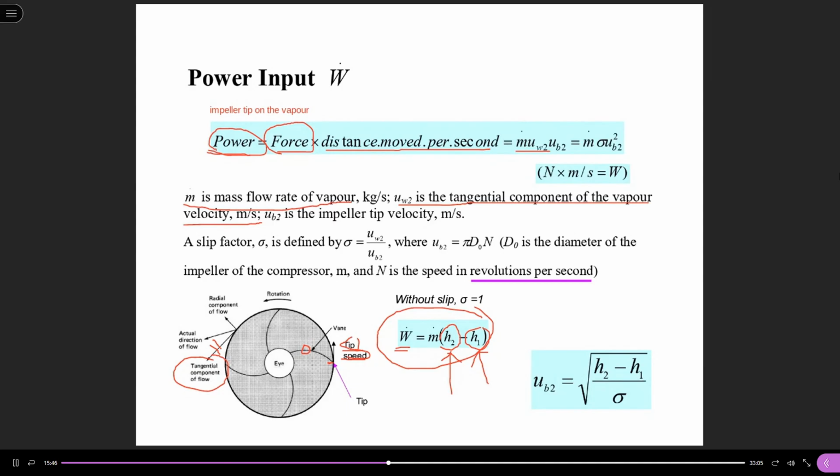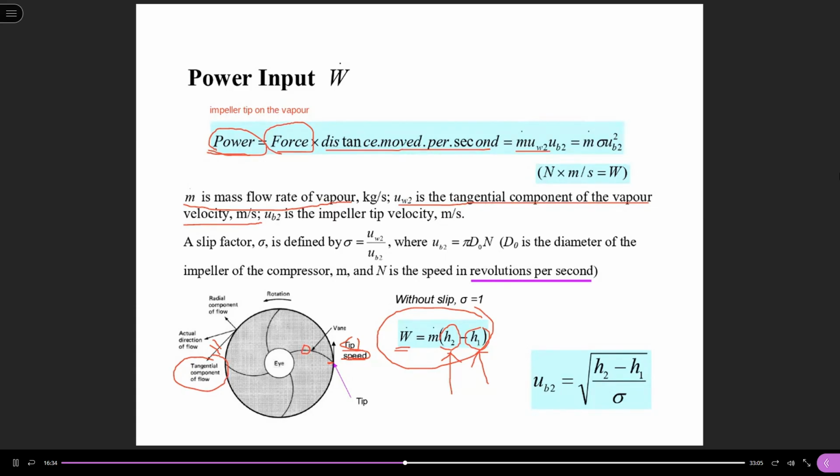Force times distance over time is also the same as momentum. So the force on the vapor is the mass flow rate of the vapor times the tangential component of the vapor velocity, because this is affected by the tip, by the impeller.